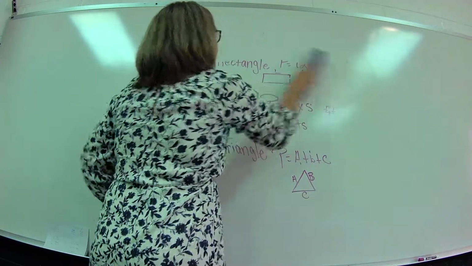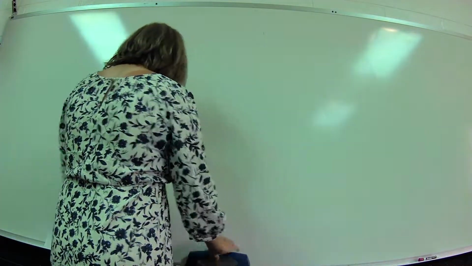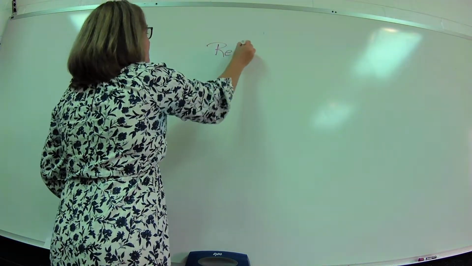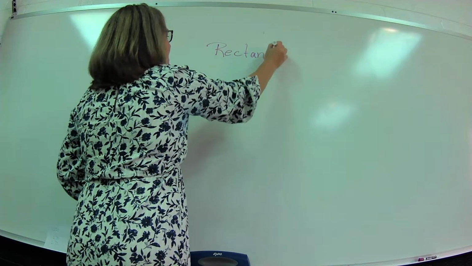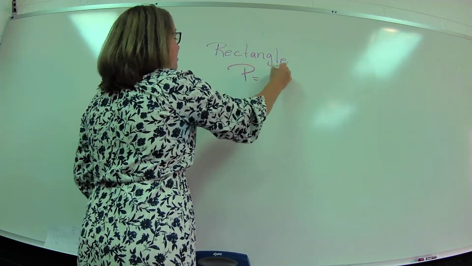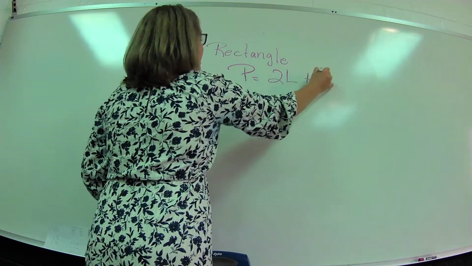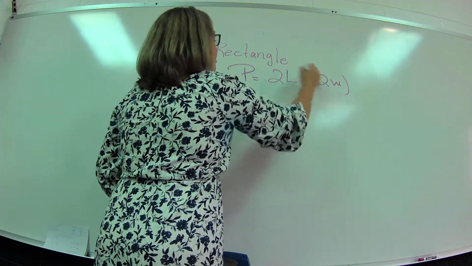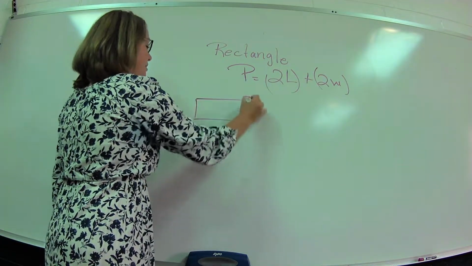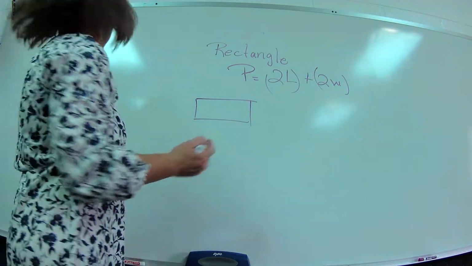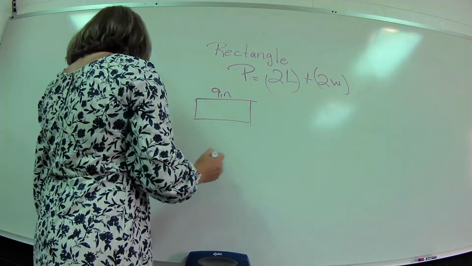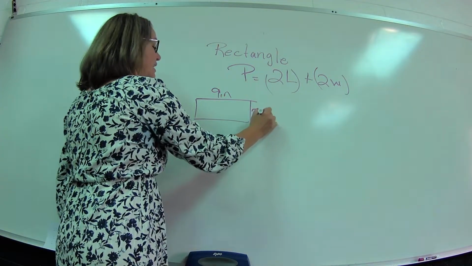All right, so let's start with the rectangle. Let's write our formula. P equals 2 times length plus 2 times width. All right? Let's say your length is 9 inches and your width is 7 inches.